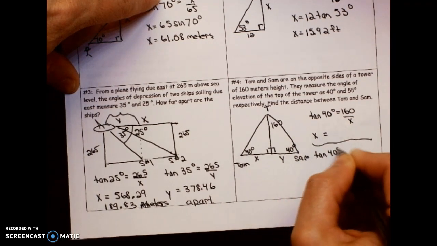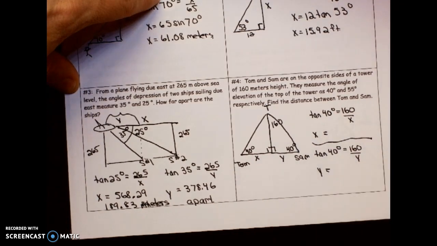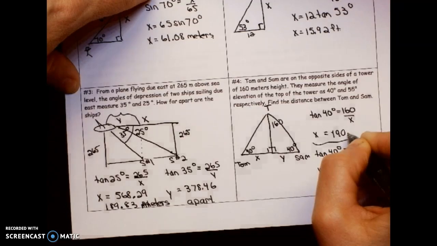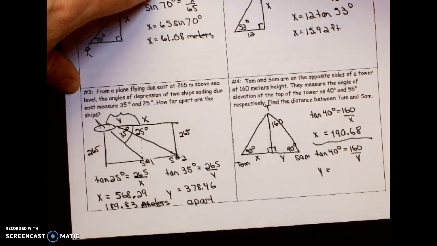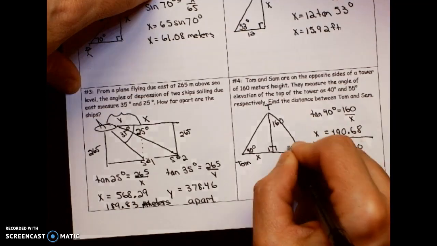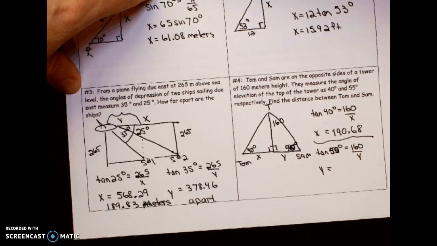Tangent of 40 degrees equals 160 over y. First distance I'm getting is 190.68. I forgot to change this angle to 50 degrees. Let's try that again.